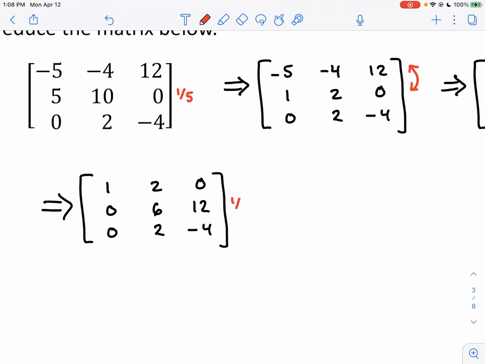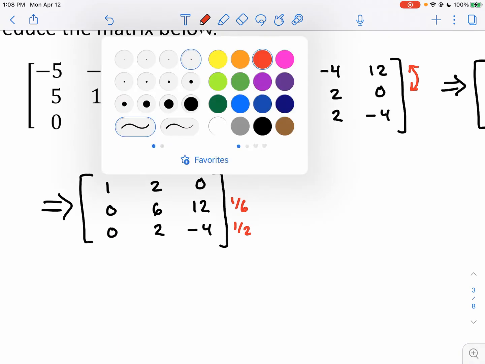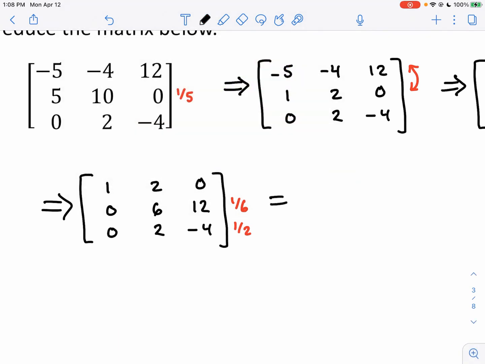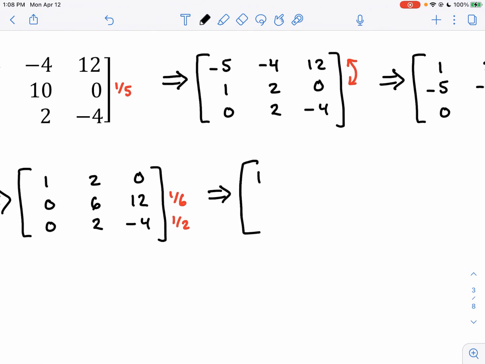So in other words, multiply row 2 by 1/6 and multiply row 3 by 1/2. I feel it's safe to do both these row operations at the same time. So we have 1, 2, 0 in the top row. That's not being changed. Then we're going to have 0, 1, 2, and then 0, 1, -2.